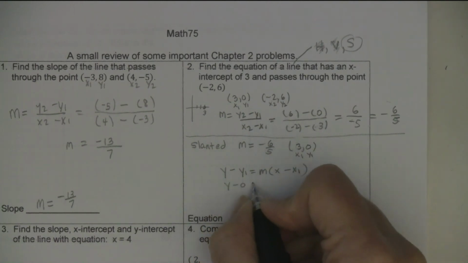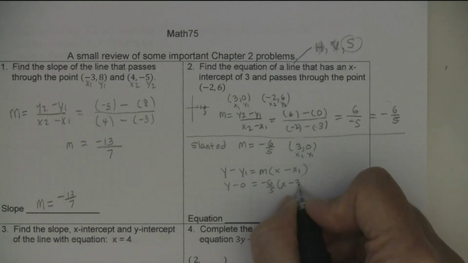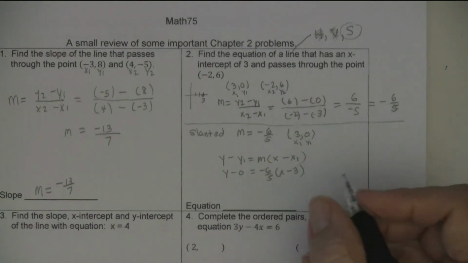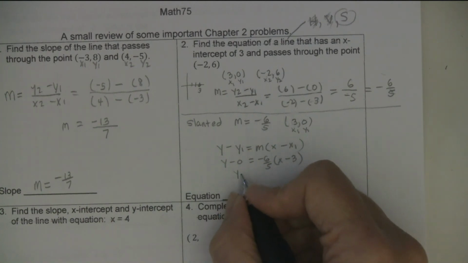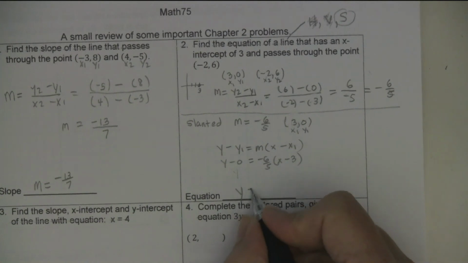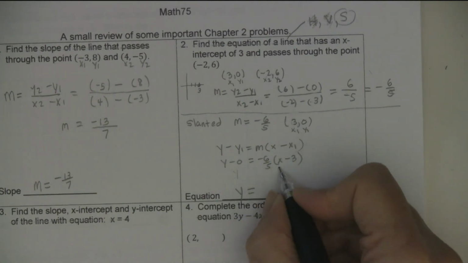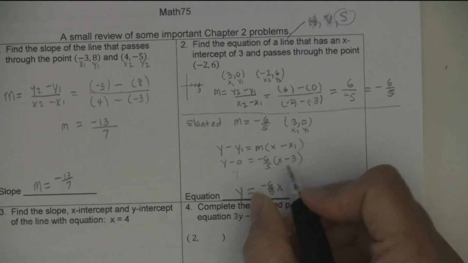y minus 0 equals -6/5 times x minus 3. Plug all that in. And y minus 0 is y. I'm going to put that down here like this, y, because it'll be perfect. I won't have to write it again. Distributing here, I'm going to get -6/5x.